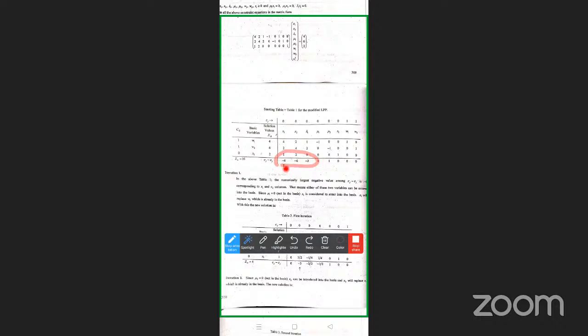So here choosing x1. X1 is incoming vector. In the above table, the numerically largest negative value is minus 6, corresponding to x1, x2 columns. That means either of these two variables we can enter into basic variables.